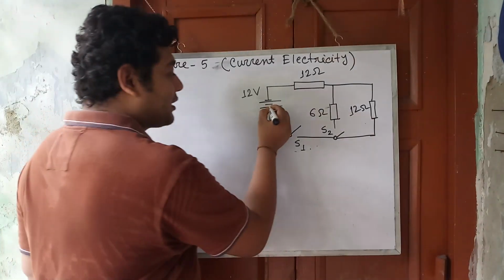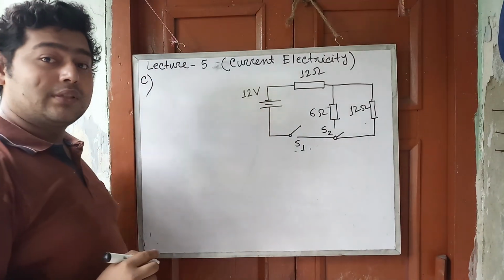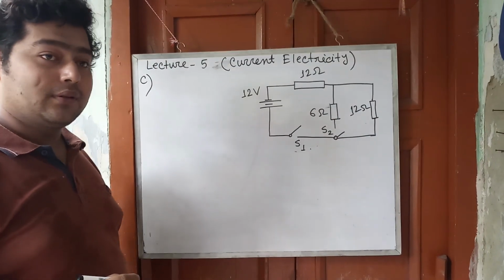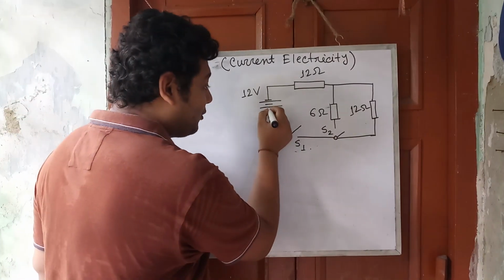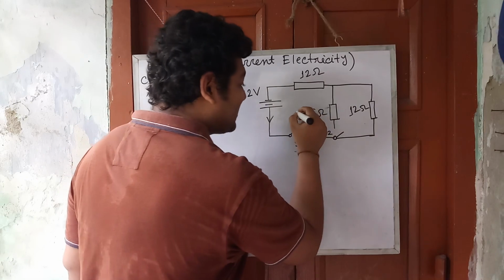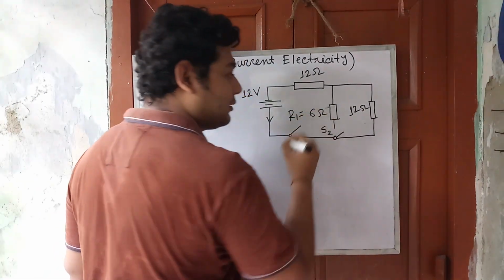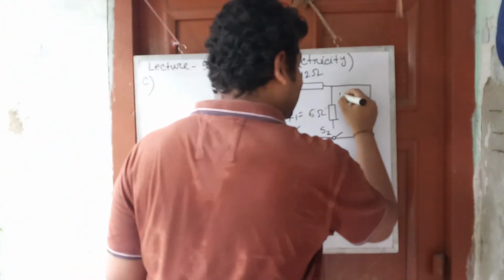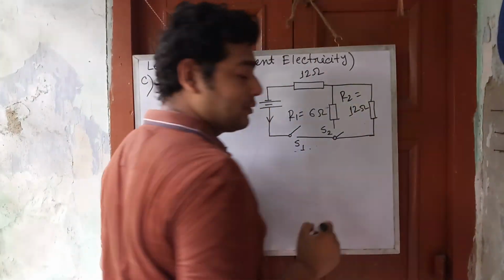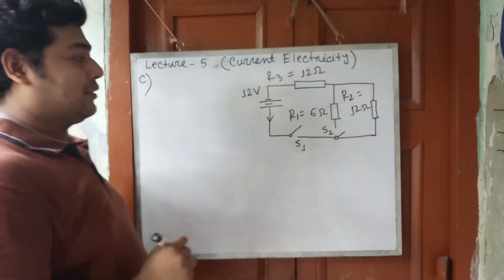We know that the current passes through the positive side of the EMF, so the current will pass through this side. So we can name this resistance R1, this resistance R2, and this resistance R3.